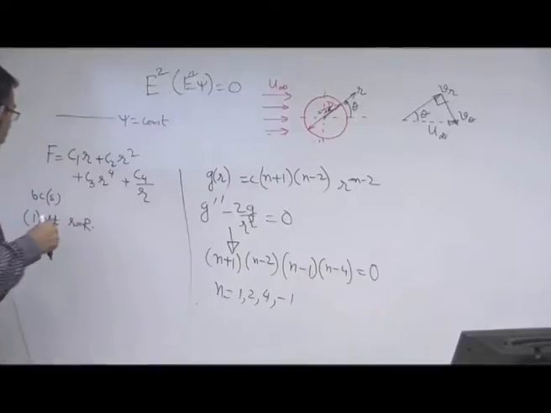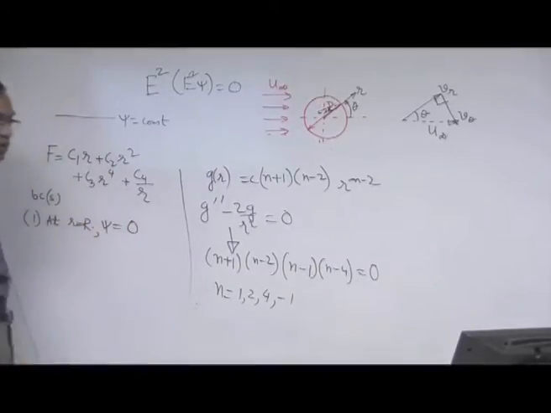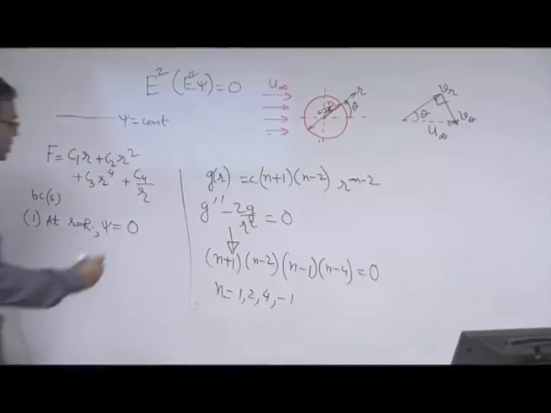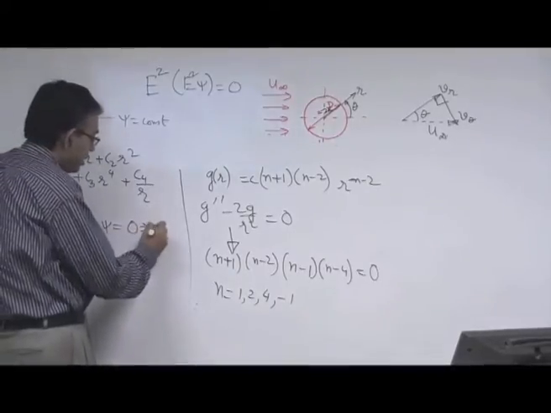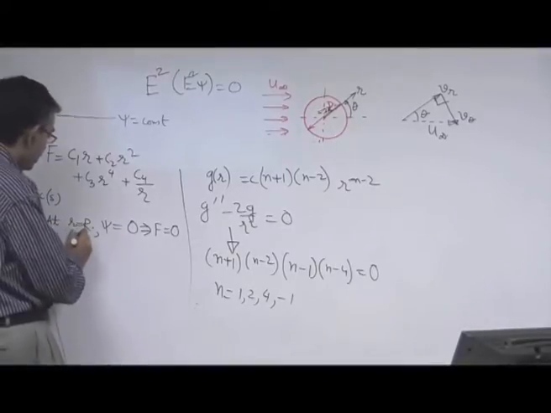Okay. So at r is equal to capital R, you must have psi equal to 0. And psi equal to 0 means f equal to 0. Then this is no penetration.